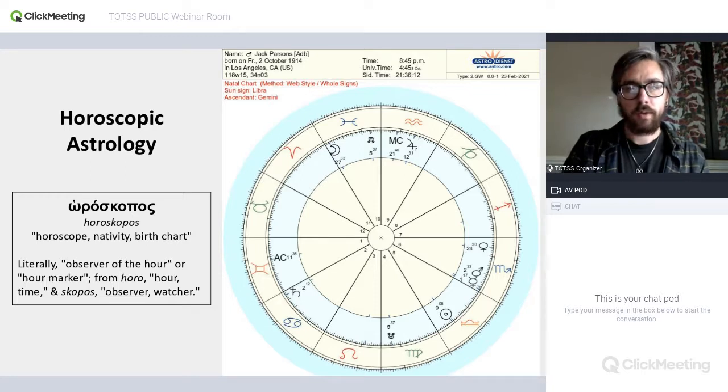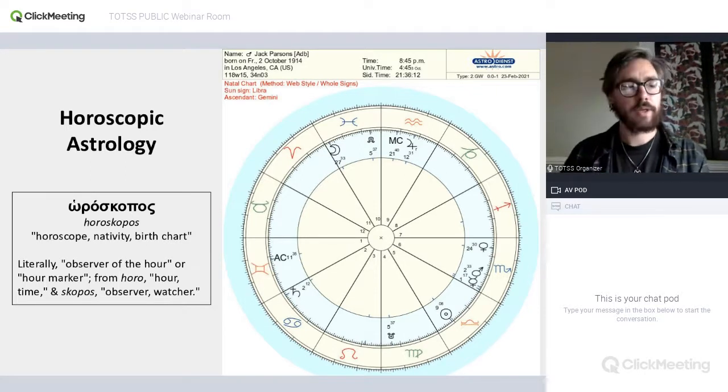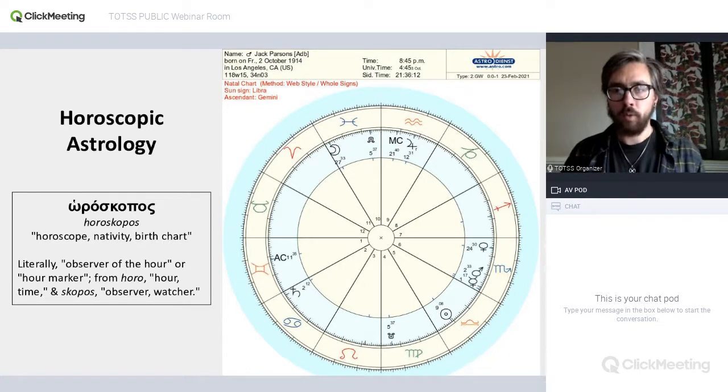All right, I'm not going to get too much into the history, but just real briefly, the tradition of what we're calling horoscopic astrology, which for our purposes is the type of astrology that we're talking about, is born in northern Egypt, in Hellenistic Egypt, about 2,200 years ago.